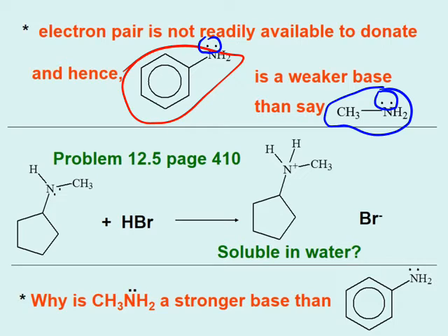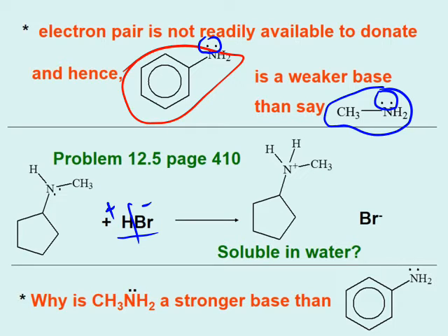Now let's look at one reaction that would show you the basic property of the nitrogen. HBr, when it reacts with this amine on the left hand side, you can think about HBr as H plus and Br minus.